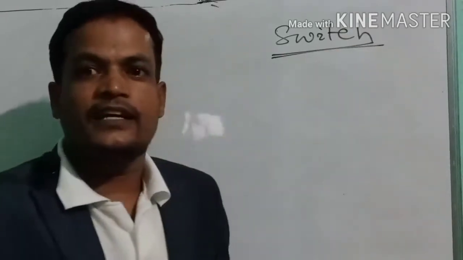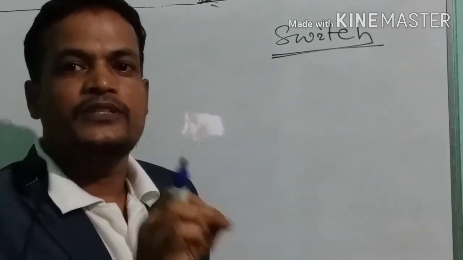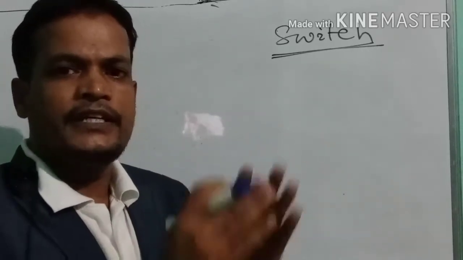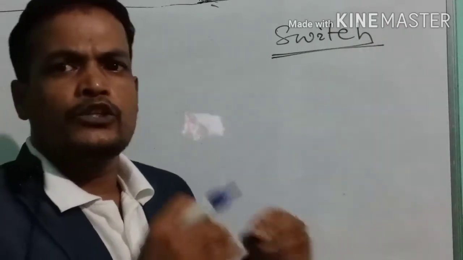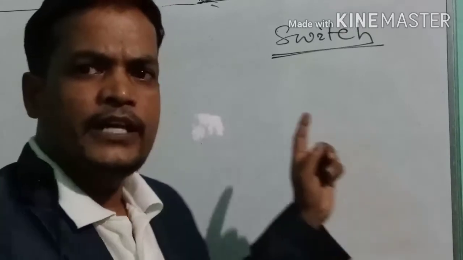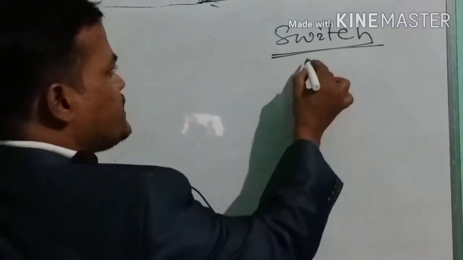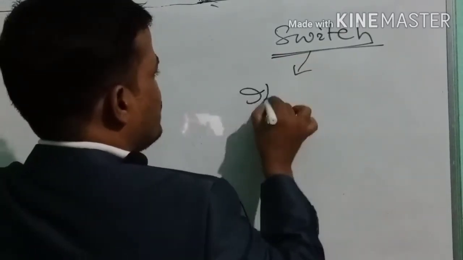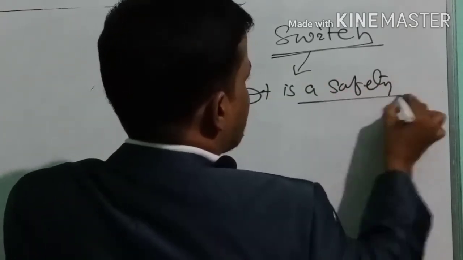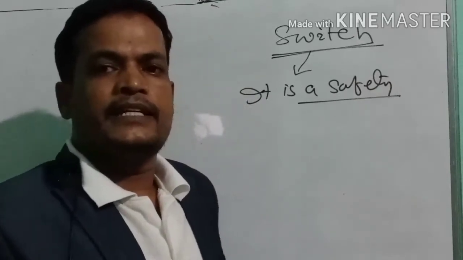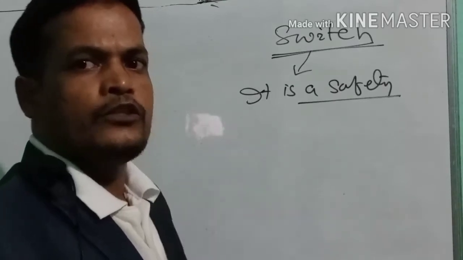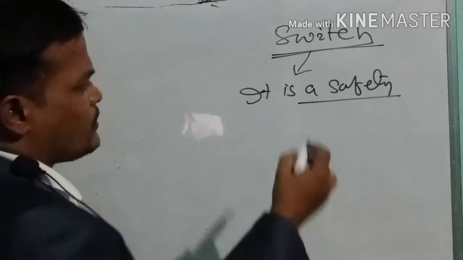Children, a switch is a safety device, because a switch makes the circuit safe. But we will talk about the circuit later: what is a circuit, what are the types of circuits, and what does a circuit do. For now, what is a switch? A switch is a safety device. Why safety? Because it maintains the safety of the circuit and also the domestic appliances, whatever they may be. So it is called a safety device.